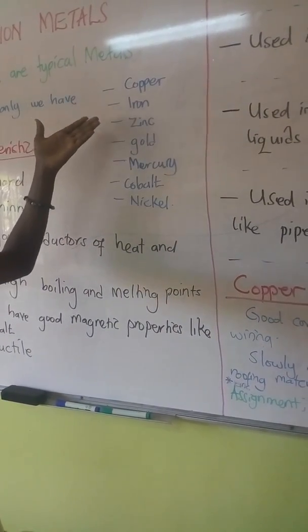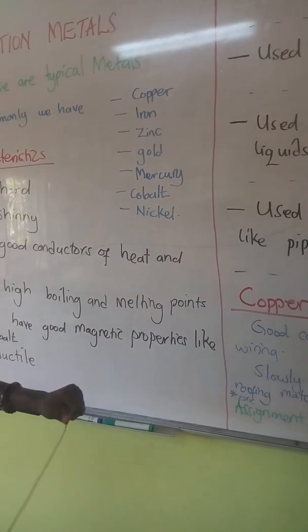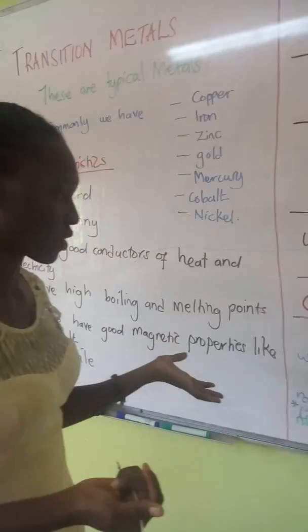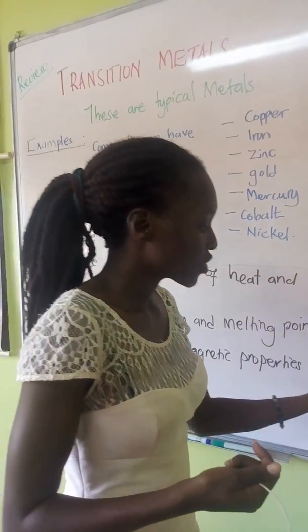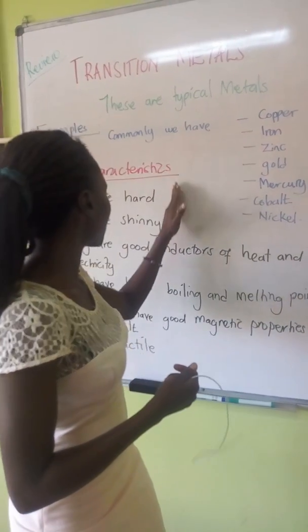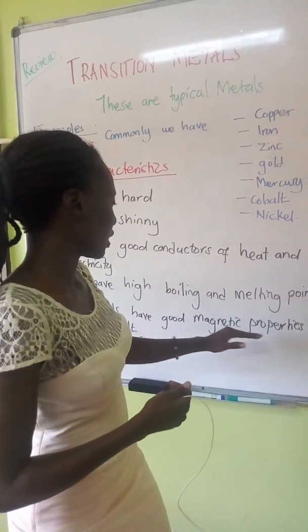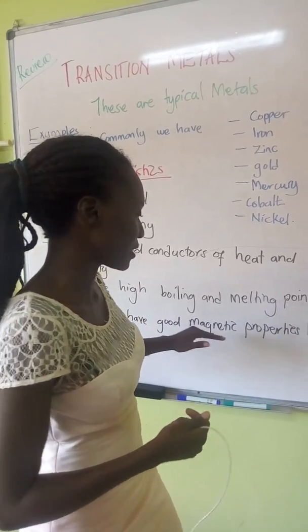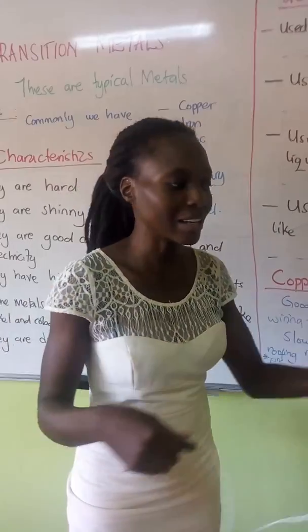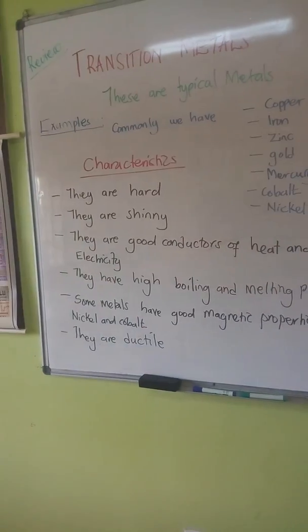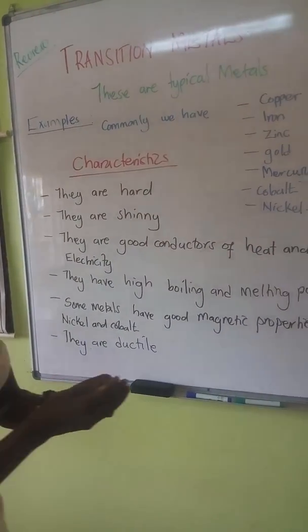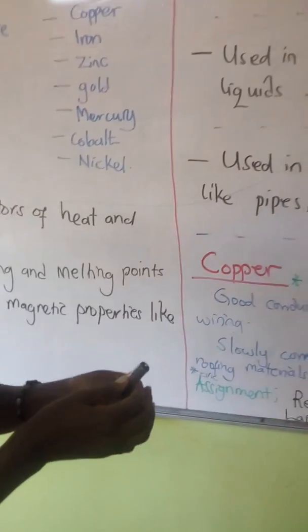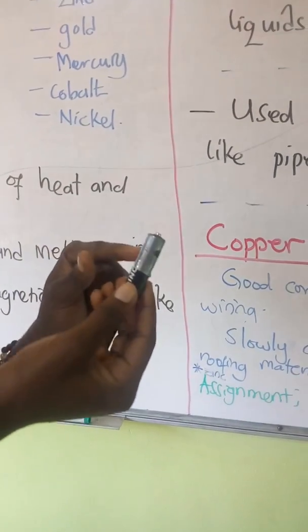If you look at zinc, as a property it is gray and shiny, and it has most of these properties apart from this: it has poor magnetic properties. But again, it can be attractive. However, when you look at some of the examples where we use zinc, it is for the casing in batteries.